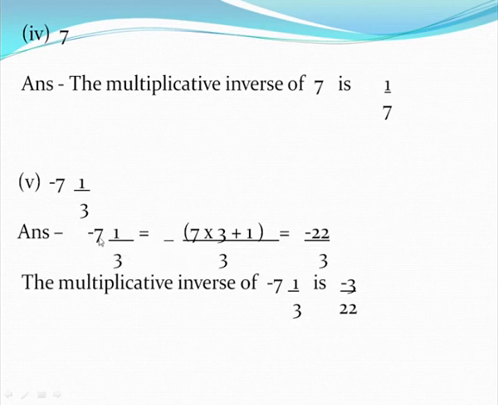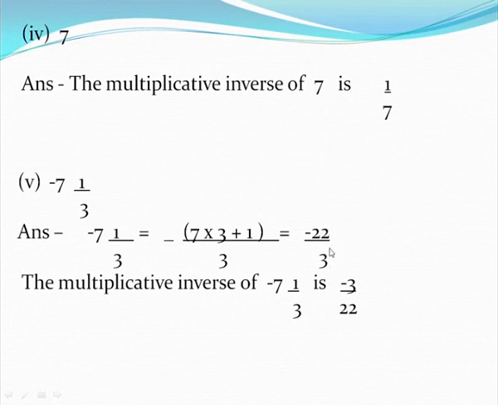Here this negative sign is for the complete mixed number, so we will put it outside and then 7 multiplied by 3 plus 1. 7 3s are 21 plus 1 is 22 upon 3, and this negative sign will remain as it is. Hence, the improper fraction for the given mixed number is negative 22 upon 3.